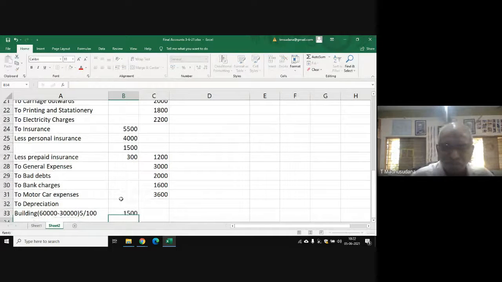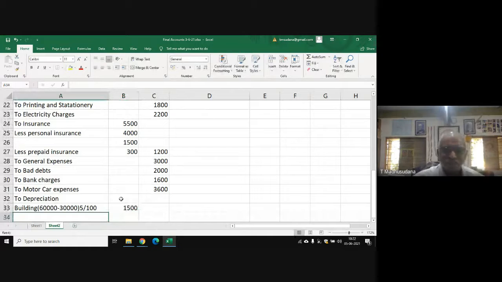Why are we calculating only on 30,000? Because out of the 60,000 value of the building, 50% has been used for residential purposes. On the remaining 50%, the building used for business, we have to calculate the depreciation, and that depreciation is shown as an expenditure.